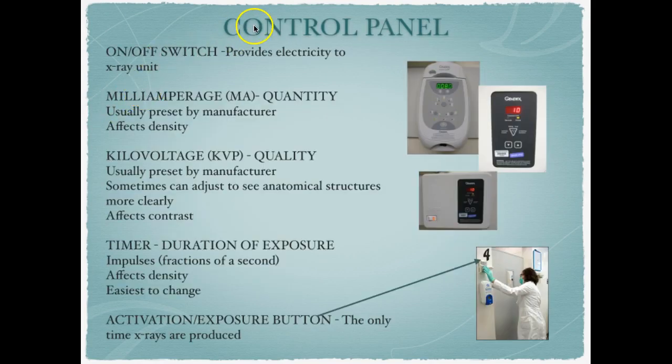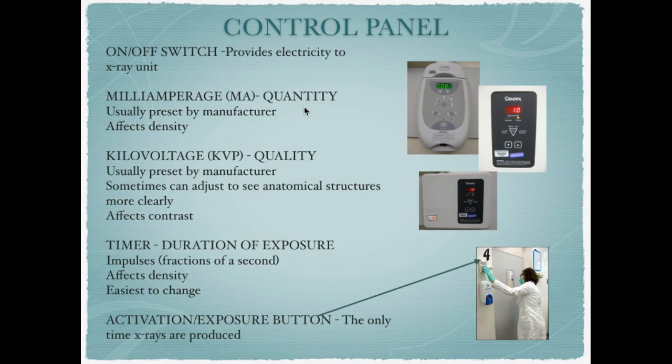The other part of the X-ray unit is the control panel. Here we have some examples of different control panels. It usually has an off-on switch that provides electricity to the X-ray unit, and then it has various controls. One of them is the milliamperage. The milliamperage is the control that affects the quantity of the x-rays that are produced, or the radiation.